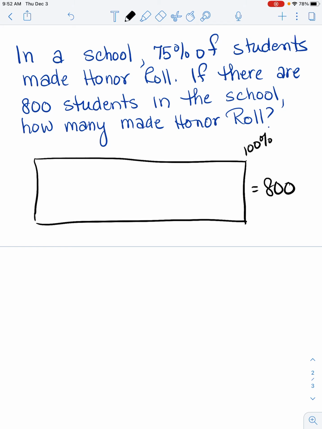Now, I see I'm looking for 75%. Well, if I have a multiple of 25%, I can divide my rectangle into 4 boxes, each of which will represent 25%.